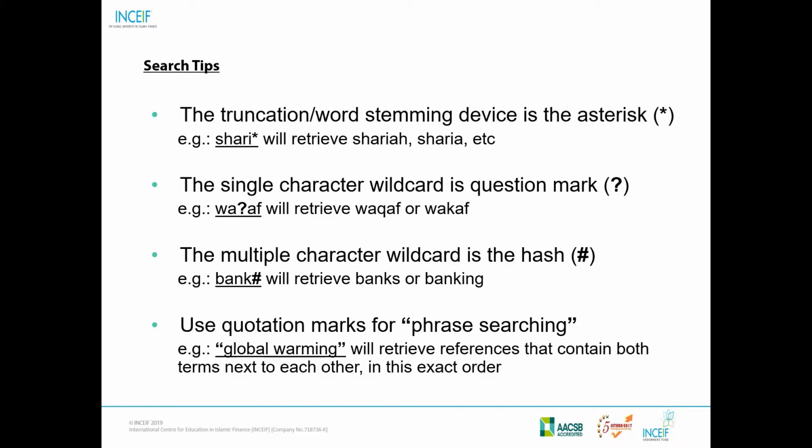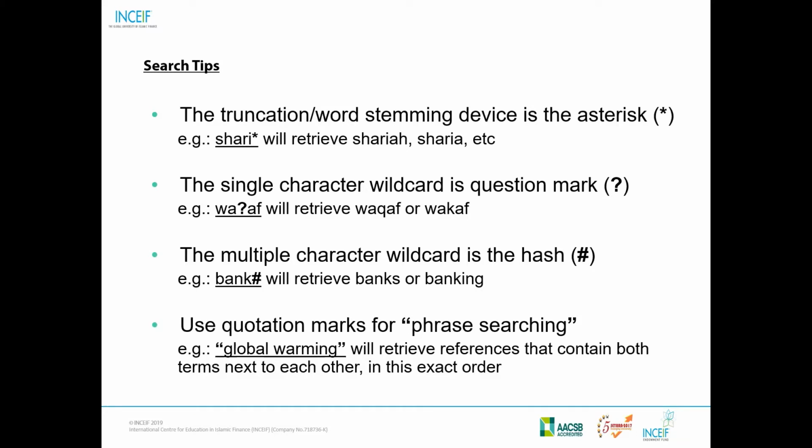Okay, and you can also use the wildcard, which is the question mark. For example, Wakaf also has multiple spellings. So far we have two spellings, which are WAQAF and WAKAF.